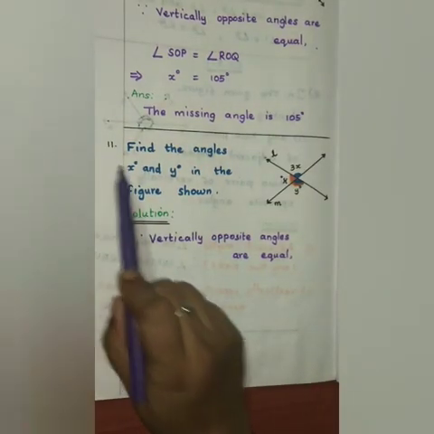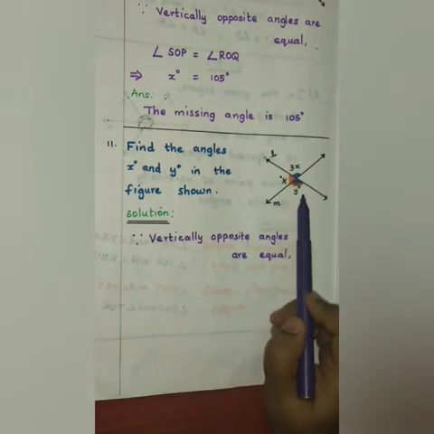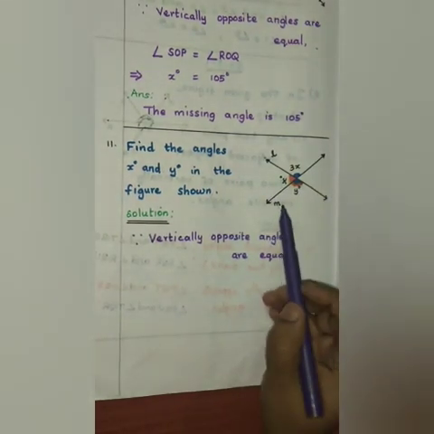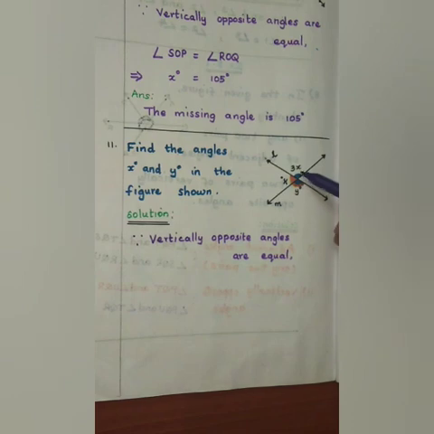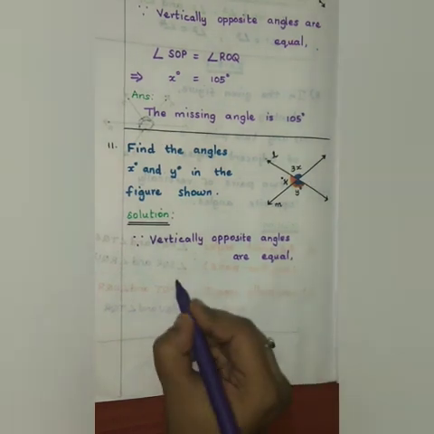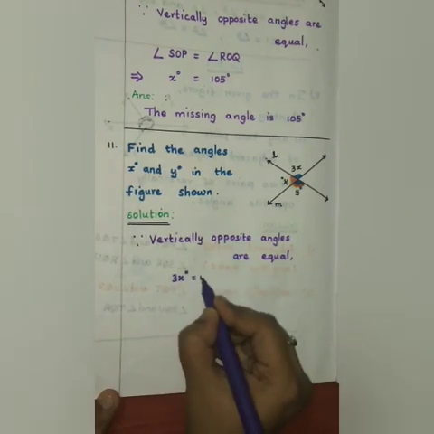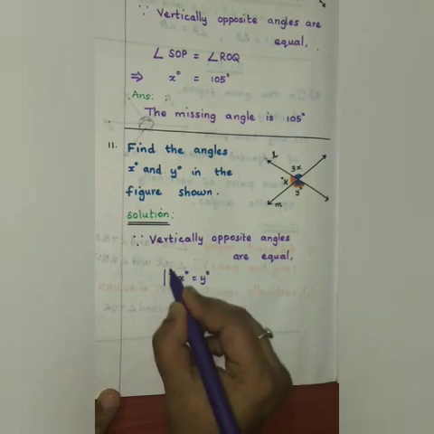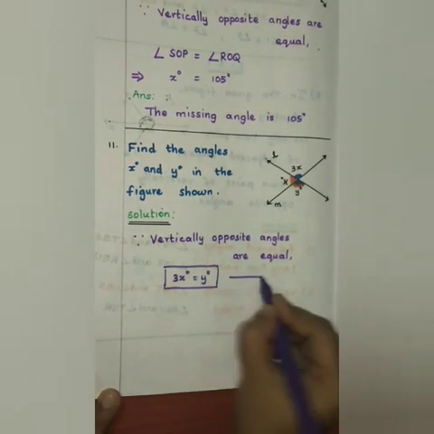11th problem, we are asked to find the angles x degree and y degree in the figure. Since we know that vertically opposite angles are equal, we know 3x degree is equal to y degree. Take it as 1.